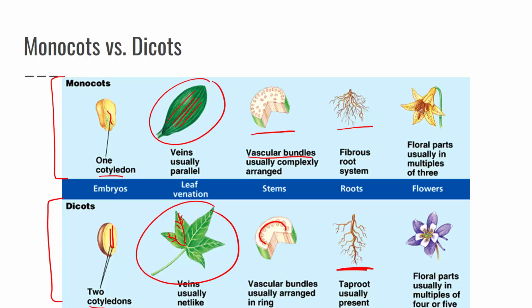And then the monocots are in threes for their floral parts. So 3, 6, 9, 12, on and on and on. Whereas dicots are 4s and 5s. So 4, 8, 16, oh, I guess I skipped 12. Or like 5, 10, 15.